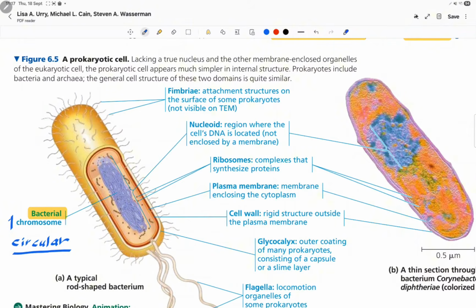And of course, bacteria, just like a plant cell, will have a cell wall to protect them. They have a cell membrane. Every cell has to have a cell membrane. They have a ribosome to make the protein, which looks like dots in the cytoplasm. They have a nucleoid. That's where the DNA is stored in their cytoplasm.